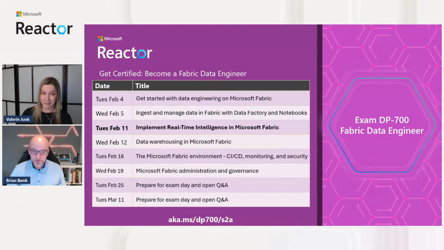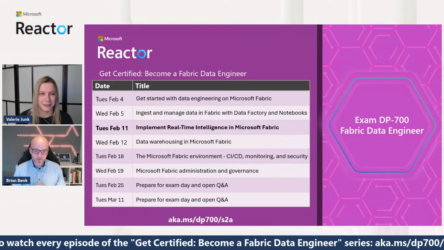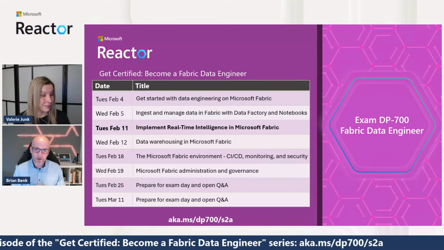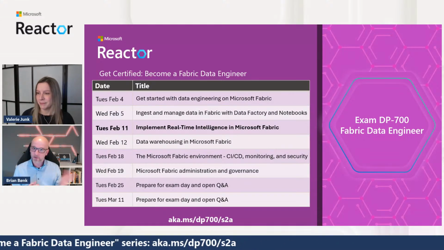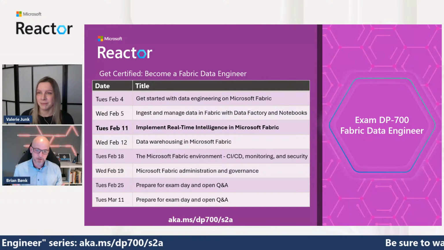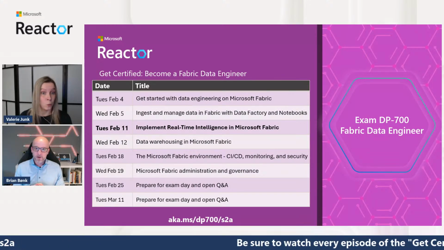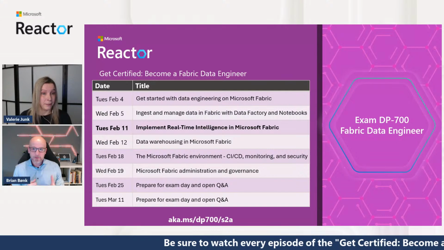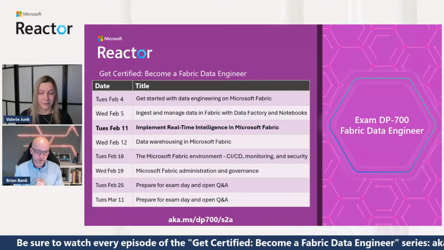We are on a series of sessions here. I was so lucky to be the fallback for Tuesday last week, where I was with Askia on Getting Started with Data Engineering in Microsoft Fabric. And between Tuesday and today, we had Ingest and Manage Data in Fabric with Data Factory and Notebooks. And today, Implement Real-Time Intelligence in Microsoft Fabric. We have a whole lot of content to show you.